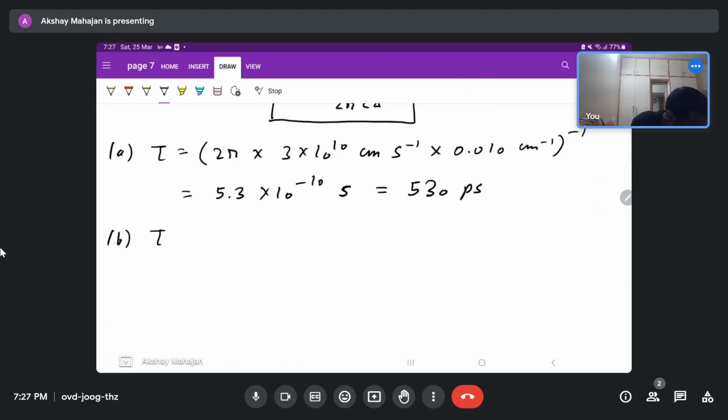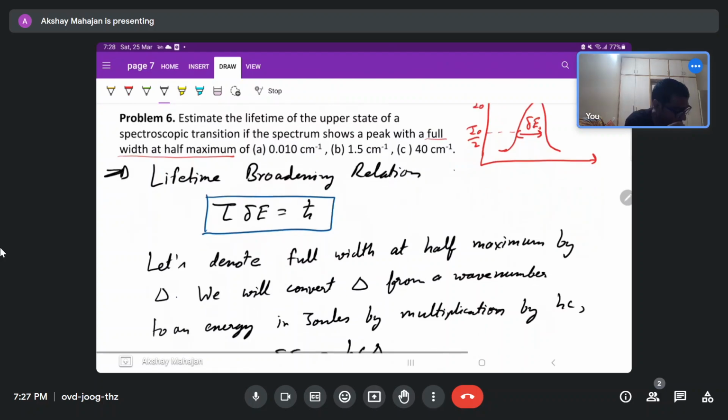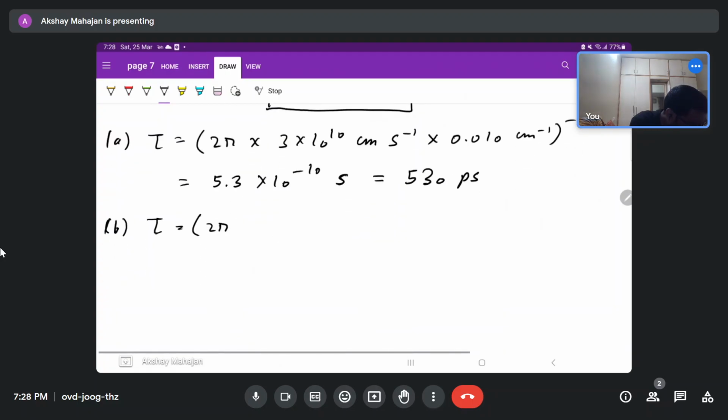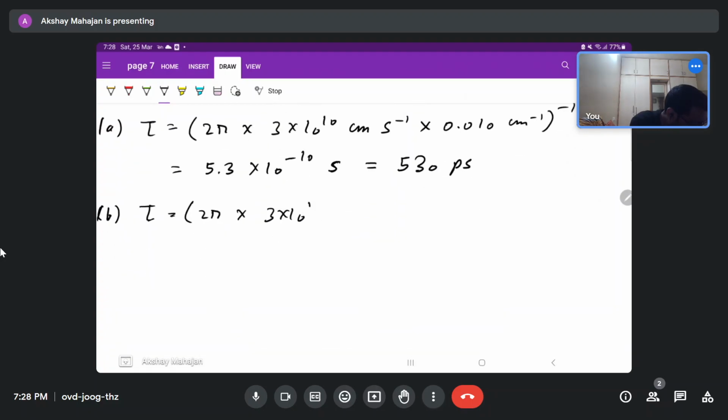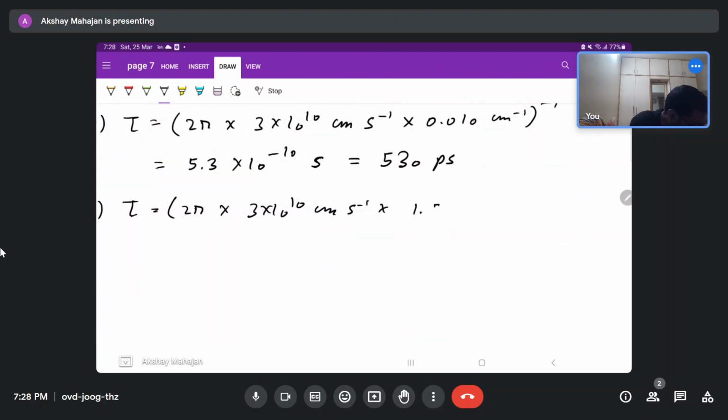For part B, delta is 1.5 centimeter inverse. So we have 2 pi times c, 3 into 10 to the power 10 centimeters per second, times 1.5 centimeter inverse, whole inverse. That equals 3.5 into 10 to the power minus 12 seconds, which is 3.5 picoseconds.